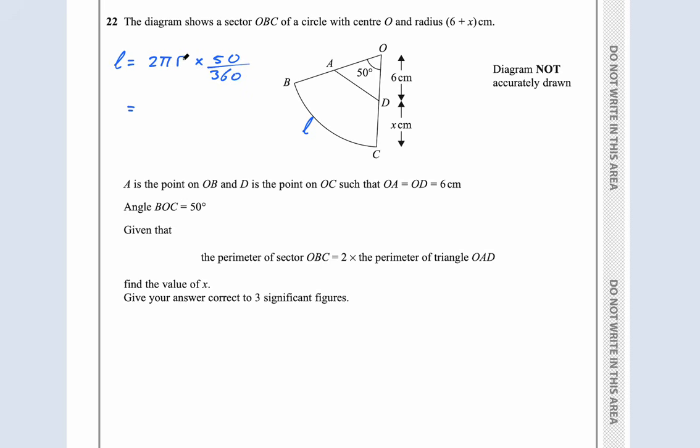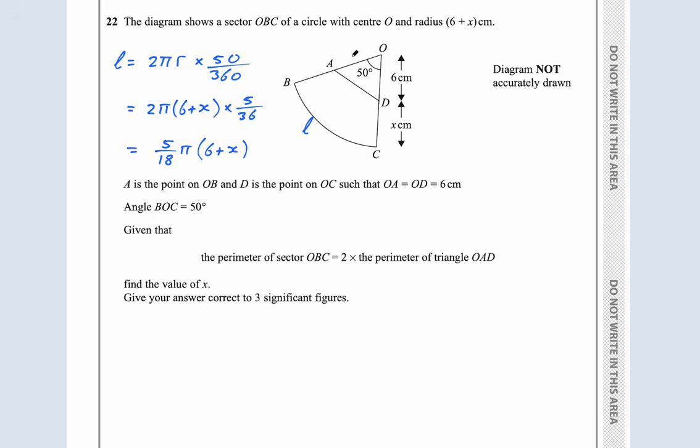The radius is 6 plus x, so it's 2 pi times 6 plus x times 50 over 360, which I'll change to 5 over 36 by dividing by 10. Simplifying, it's just 5 over 18 pi times 6 plus x. That is this length here.